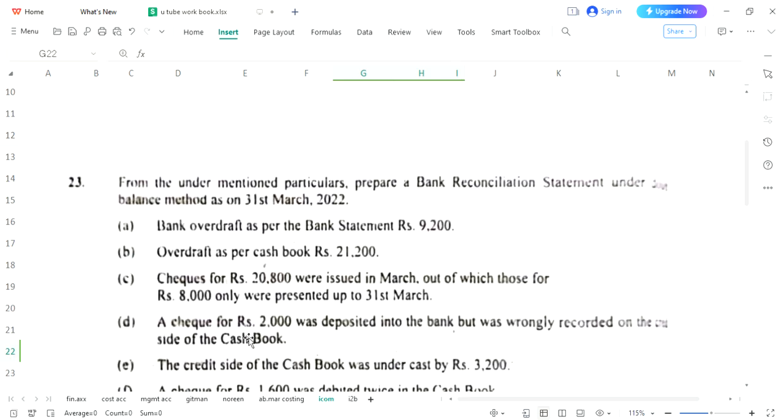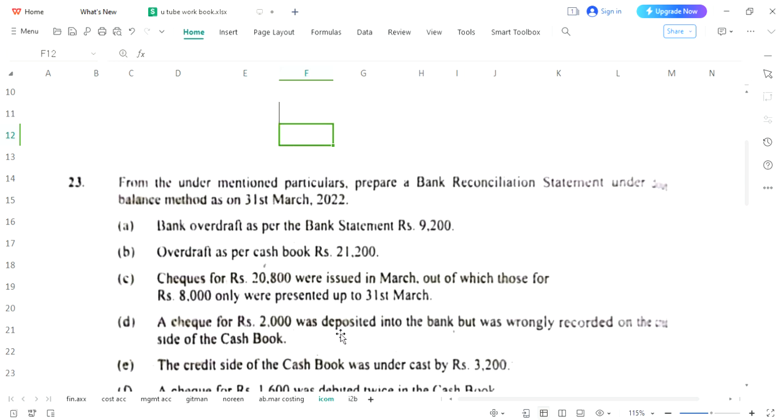The next entry is 2,000 deposited into the bank but wrongly recorded on the credit side of it. This is a very special entry and you will have to spare some time to understand it. At the start in the rules we wrote one thing, double error, and here you will understand what a double error is. Please note, we were supposed to write the amount on one side, and which side?